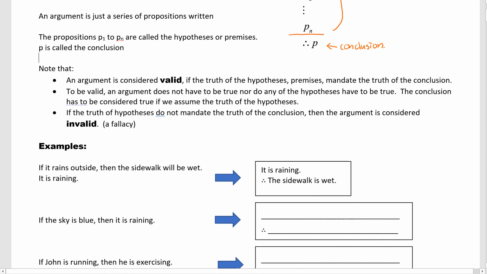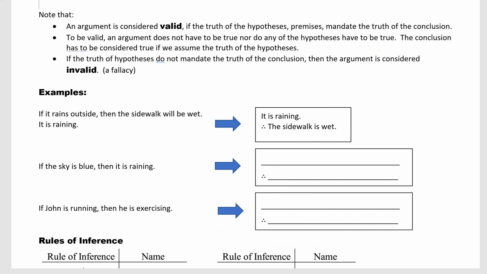So let's look at some examples. If it rains outside, then the sidewalk will be wet. It is raining. So here, what do we have? If it rains outside, then the sidewalk will be wet.